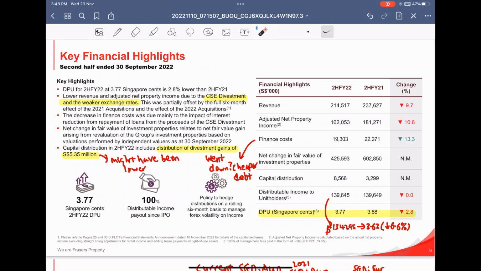So if we do some simple back calculation and we take this value, deduct by 5.35 million, you will get 134,295 million. And using this value to back calculate with the number of units, you actually get a DPU of only 3.63%, which is a 6.6% drop in the DPU.